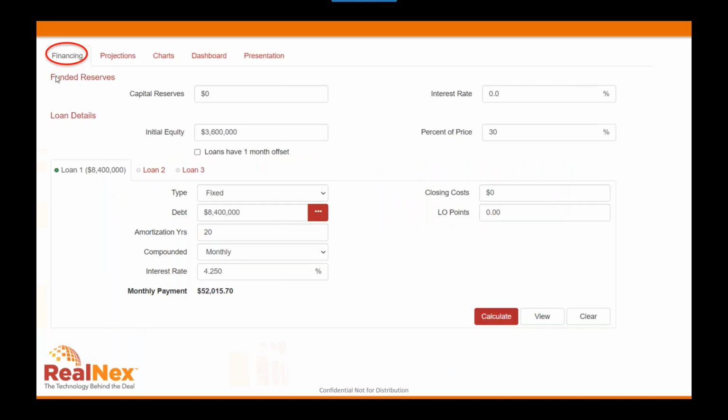Okay, financing. So there are a lot of assumptions you can make about the financing. We've got initial equity here, based on having an $8,400,000 loan. The equity, if we take the purchase price minus the loan amount, our equity is $3,600,000. The program will calculate that for you.